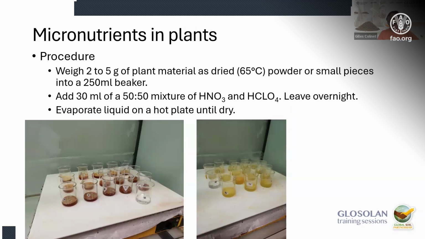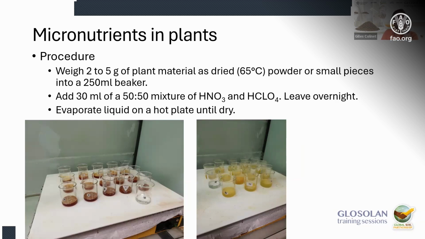So I added 2 slides about the analysis of plants, because sometimes you can consider that you would have risks of deficiency or risk of accumulation. Our method is that we weigh 2 to 5 grams, depending on the quantity of materials that you have and what you expect as quantity.